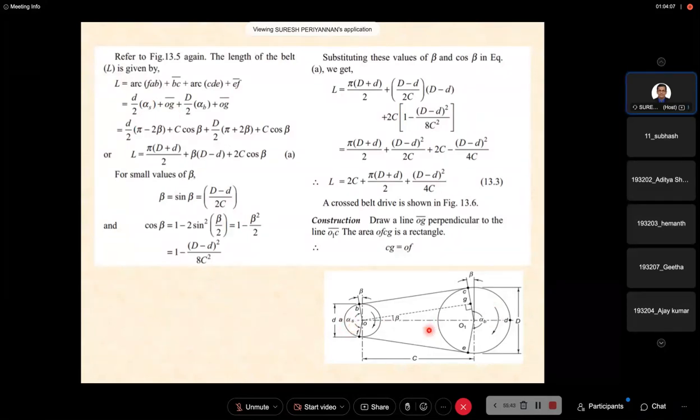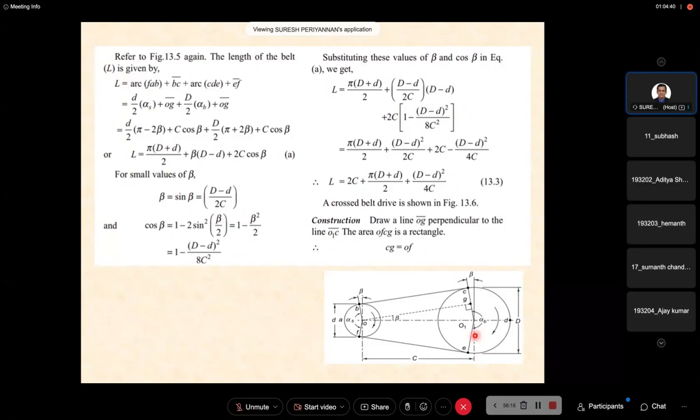Then OG, we know what OG is. OG is nothing but our BC. BC is nothing but OG. OG and BC are both parallel. Then plus D by 2 into the arc of contact, this is the arc CDE. Here the bigger pulley radius is D by 2, into the arc of contact greater than 180 degrees, that is alpha B, whatever we discussed earlier, plus OG.